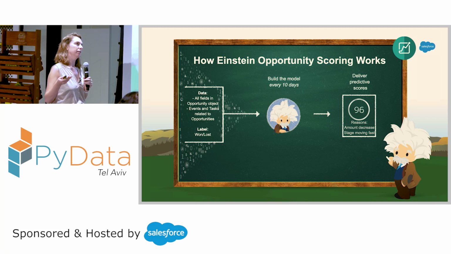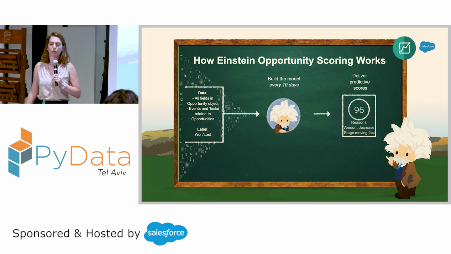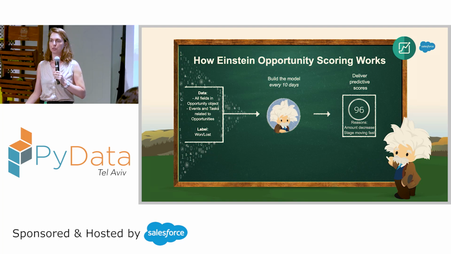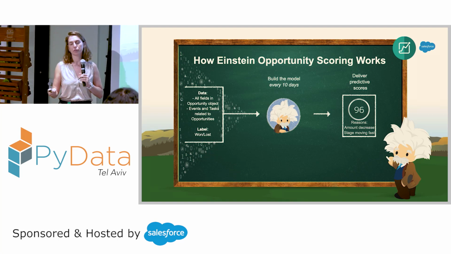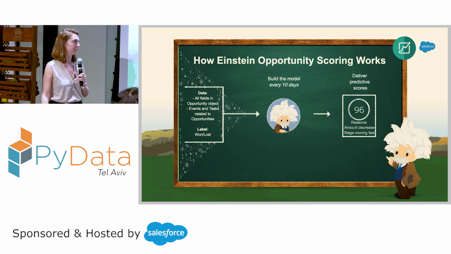So we're using customized data as well. Our labels here are won for opportunities that the sales rep managed to close and sell the product, and lost for the opportunities that the sales rep couldn't close.